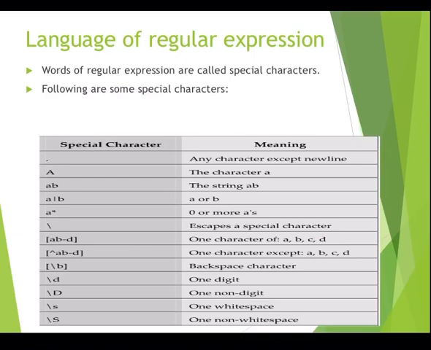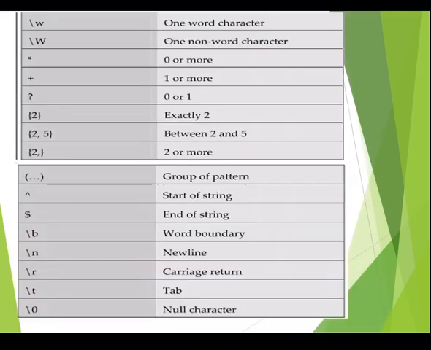Then \S (capital S) will check if your string does not contain white spaces. Then \w (small w) will check if your string contains at least one word character. \W (capital W) will check whether your string should not contain a word character.